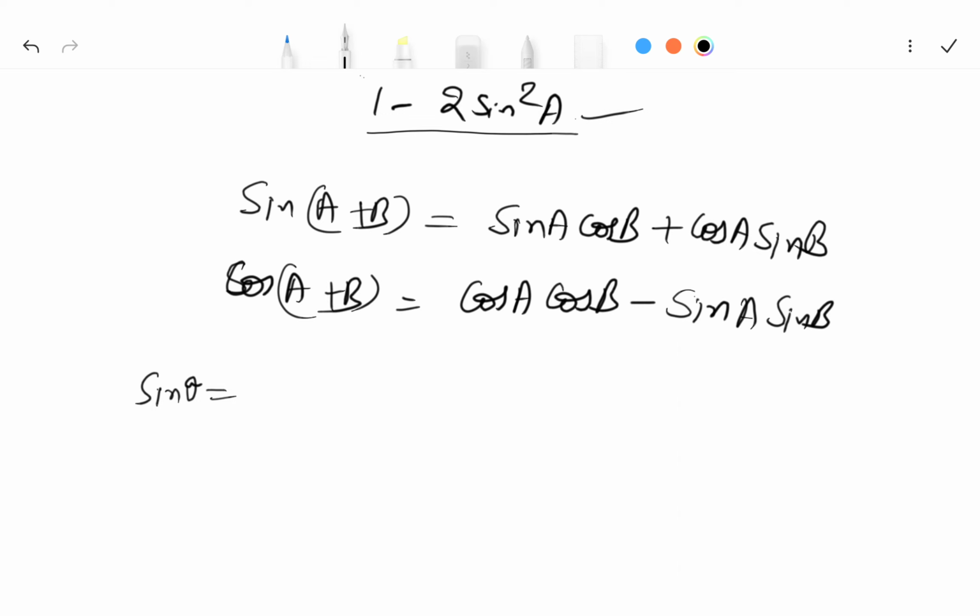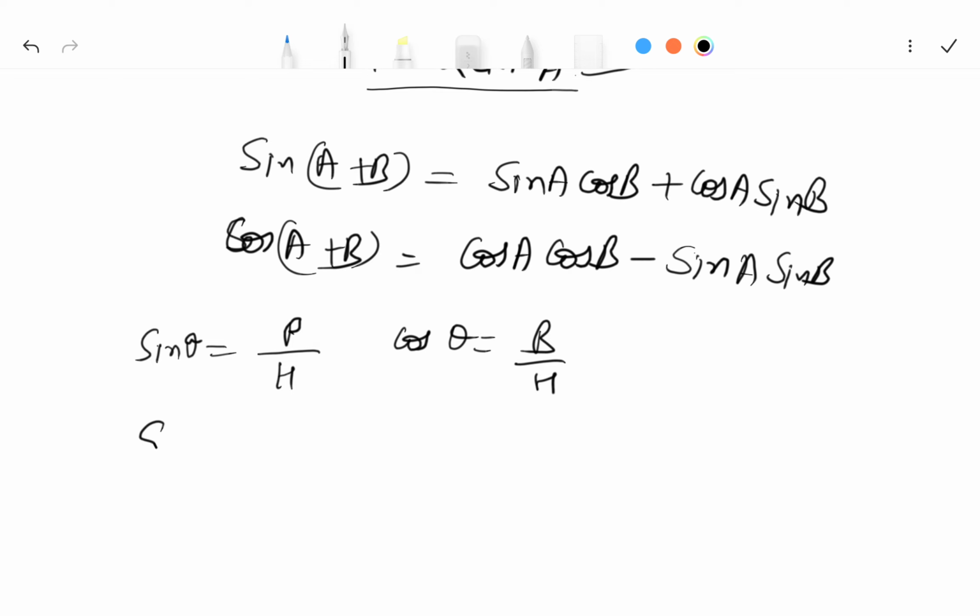It is perpendicular over hypotenuse. What is cos theta? It is base over hypotenuse.